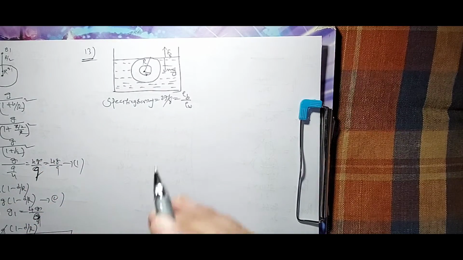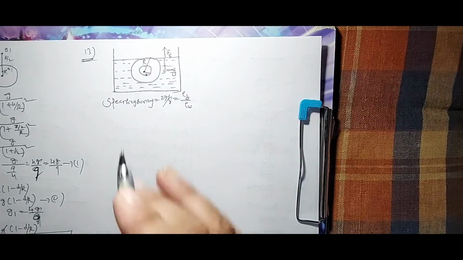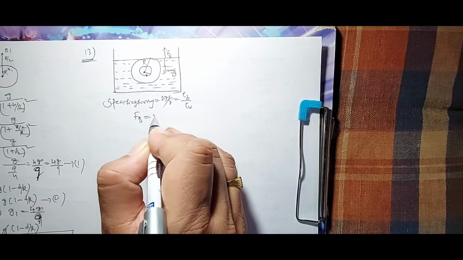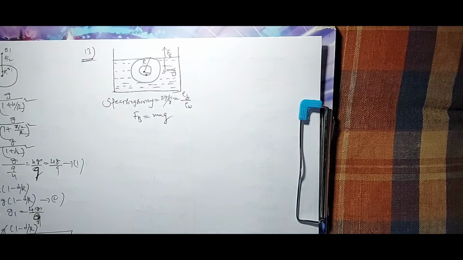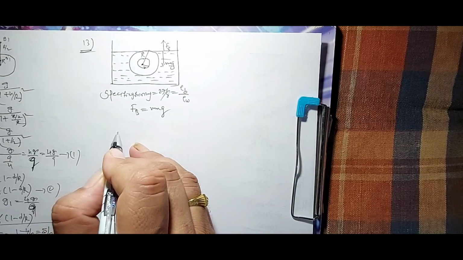So it displaces some volume of water. That means here FB is equal to mg. It displaces some amount of water whose volume is equal to the volume of the complete body. So the buoyancy force is acting in the upward direction.